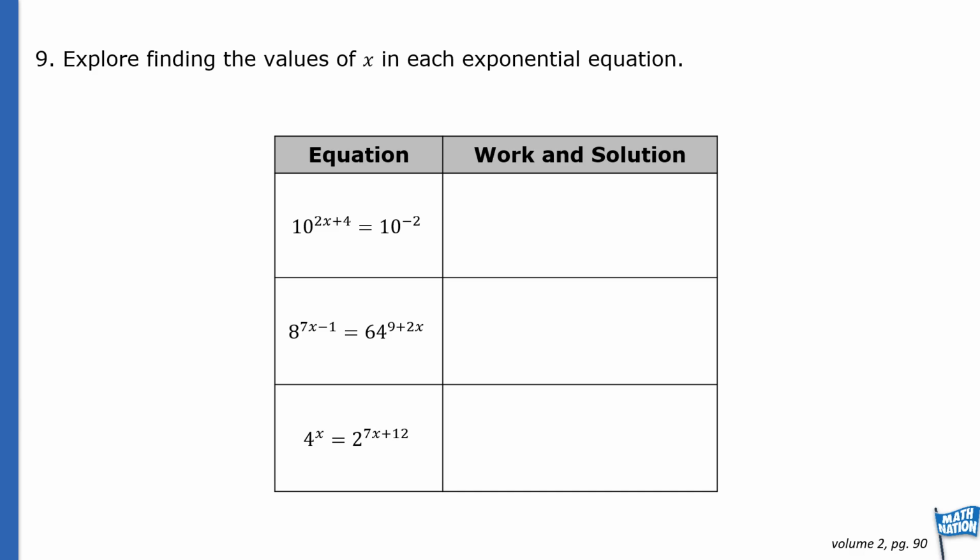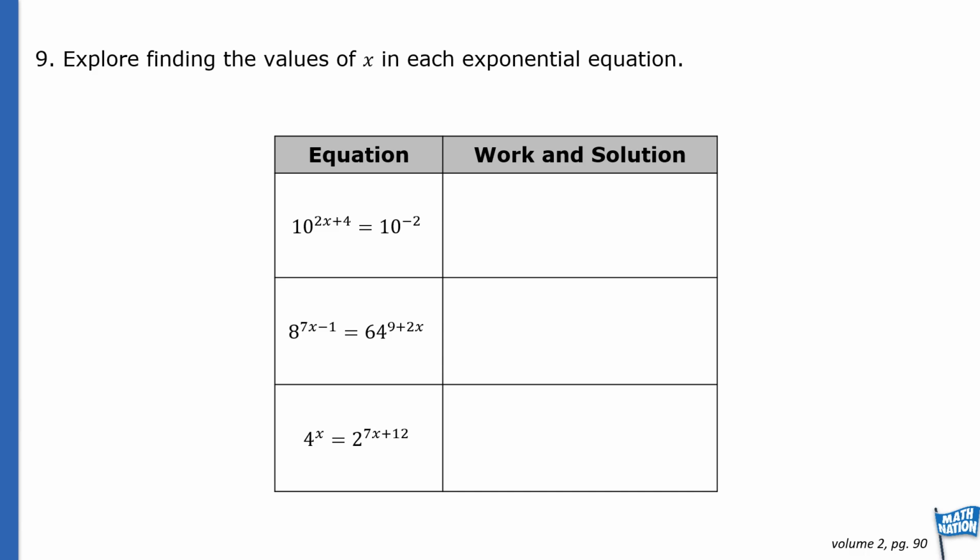So that will give us 8 in parentheses, and your exponent should read 2 times (9 plus 2x). And then you solve it. 7x minus 1 equals 2 times (9 plus 2x), and work it out, solve for x. On the next screen, you will see our solutions.